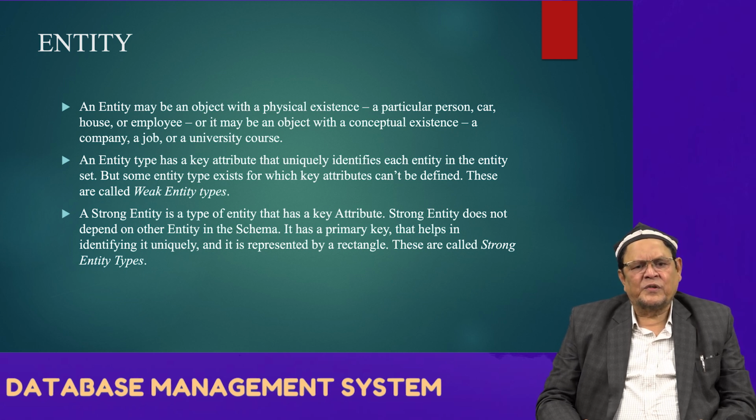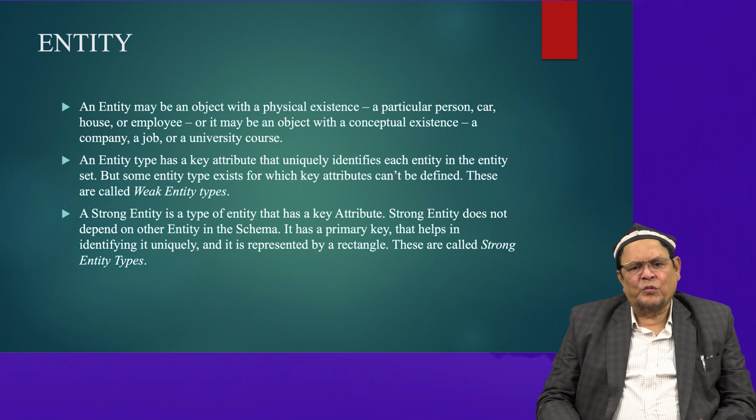An entity type has key attributes that uniquely identify each entity in the entity set, but some entity types exist for which key attributes cannot be defined. These are called weak entity types.